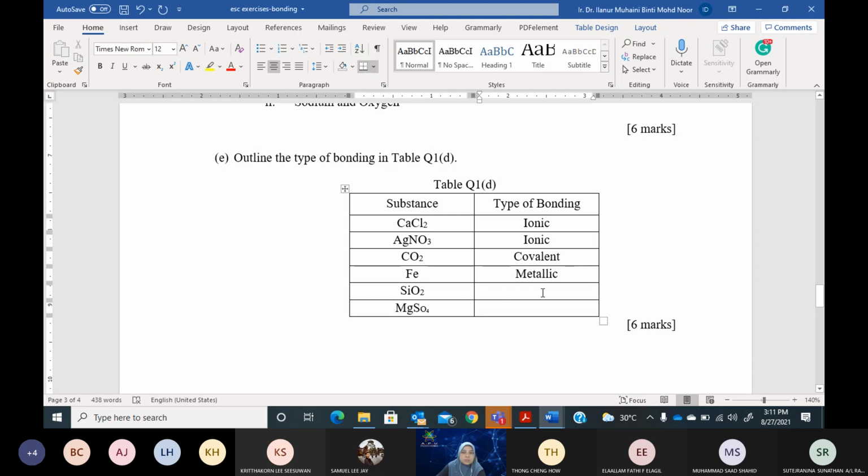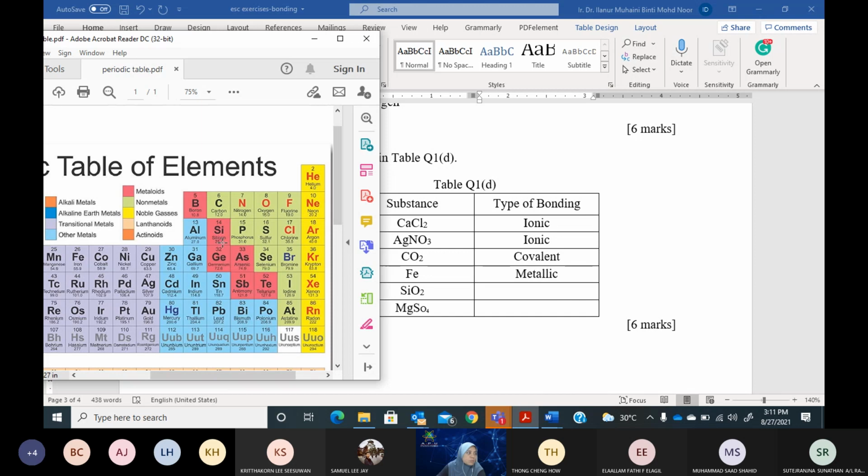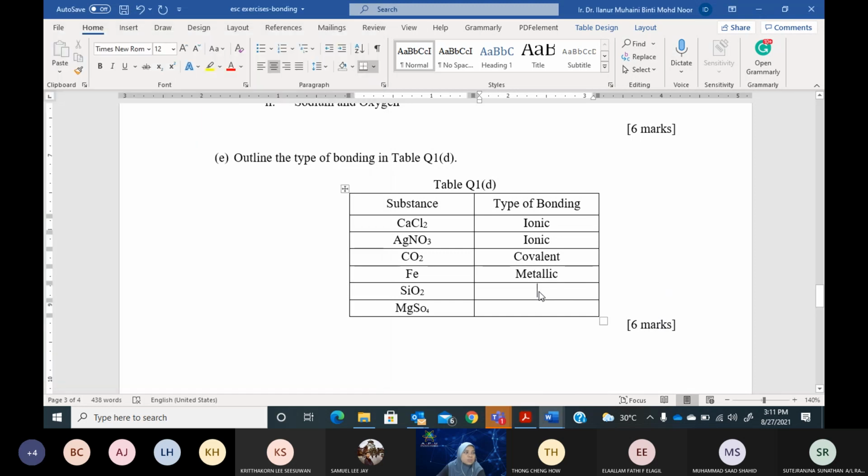Next is SiO2. Okay, refer to here. Si is silicon, under metalloid, non-metal. Oxygen is also non-metal. Non-metal plus non-metal, covalent.